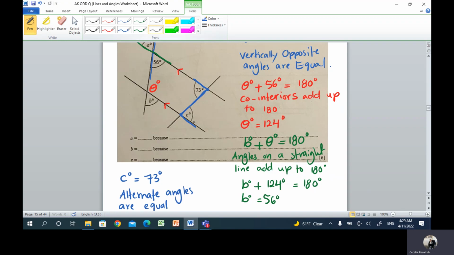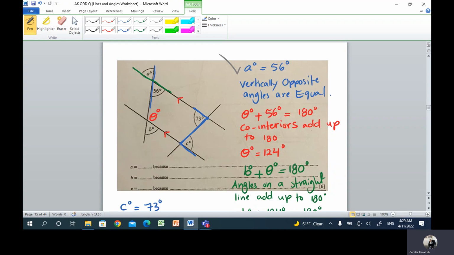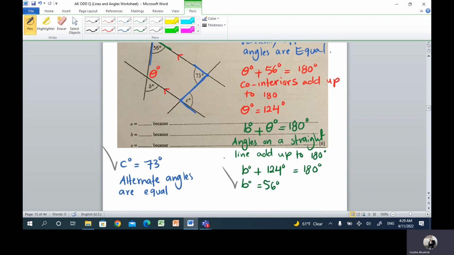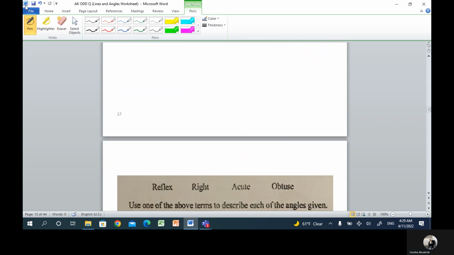So we found, I think we are done. We found A and we found B and we found C. So we are done with all the angles here. Okay. And let's save.